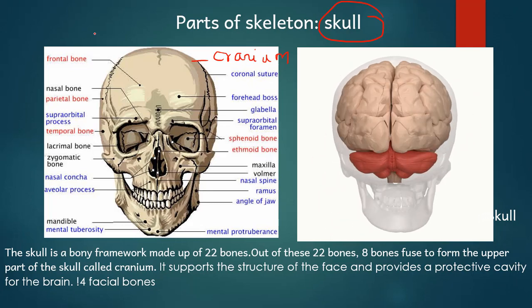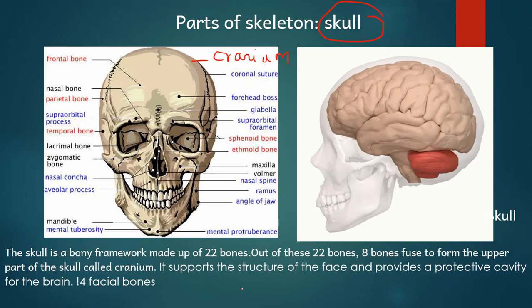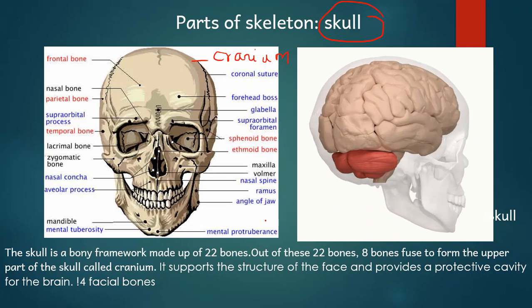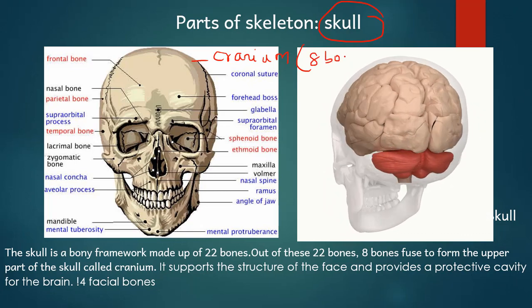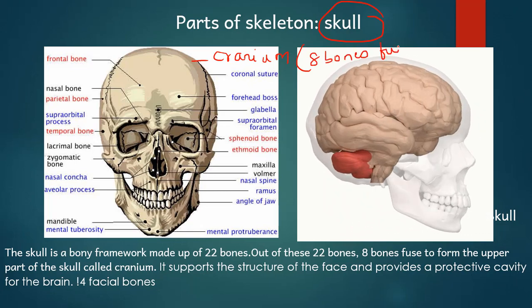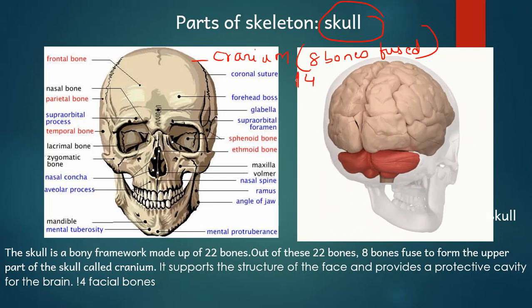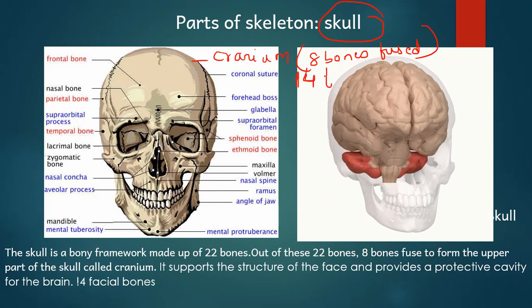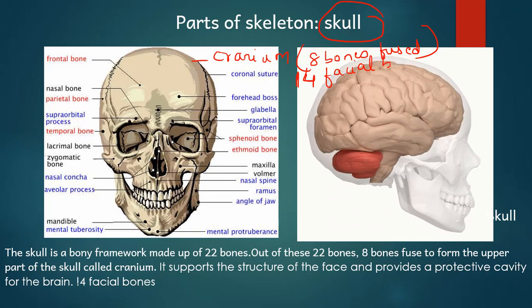It is said that this whole skull, this whole white colored structure you can see, consists of 22 bones. Out of these 22 bones, the cranium consists of 8 bones which are fused together, whereas 14 bones are present in your face, the facial bones.